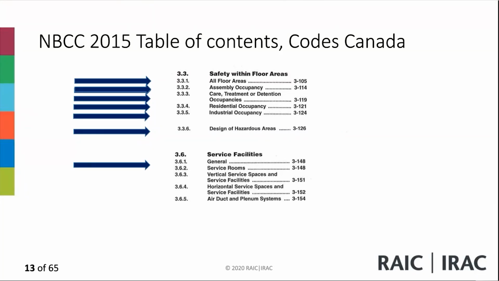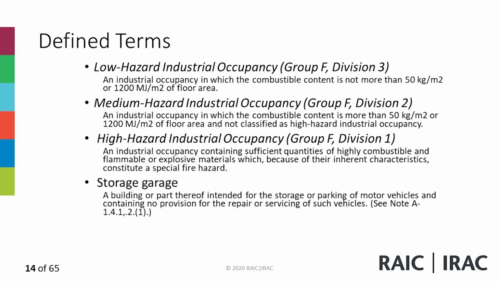So all these would go into the provisions related to those requirements for compartmentation. On defined terminology, we know where to find the defined terms, and this comes from the defined terms in Division A, 1.4.1.2. In a low hazard industrial occupancy, we know it relates to the fuel load, the combustible content.